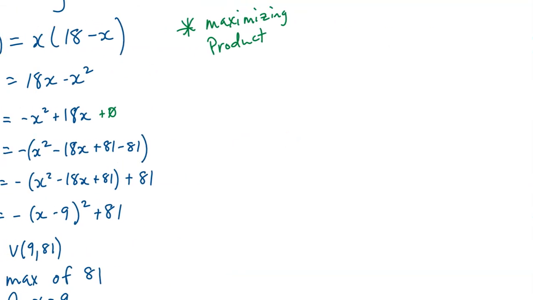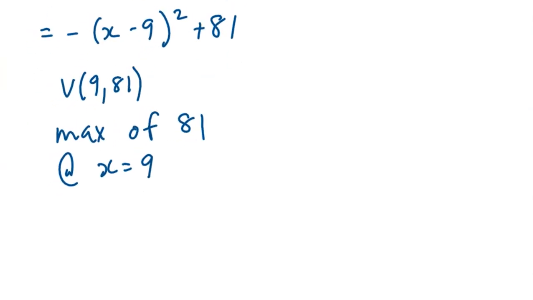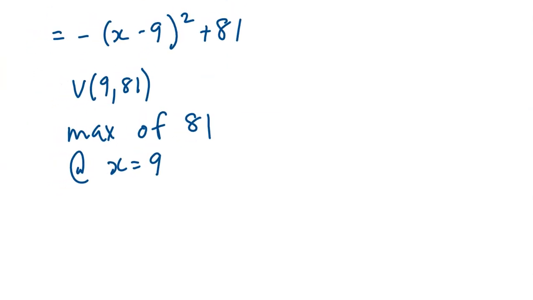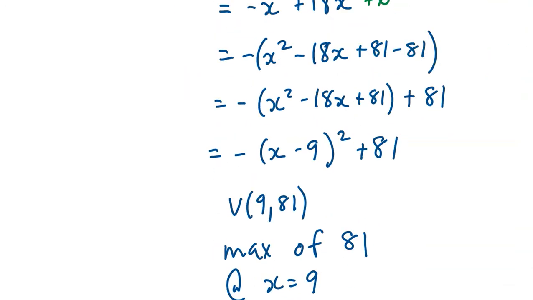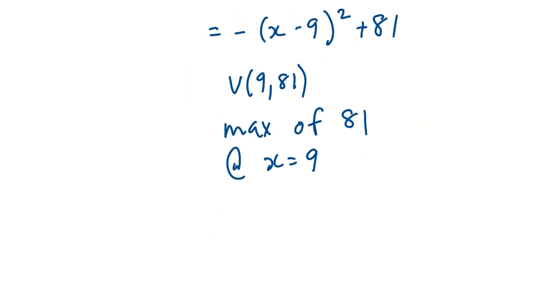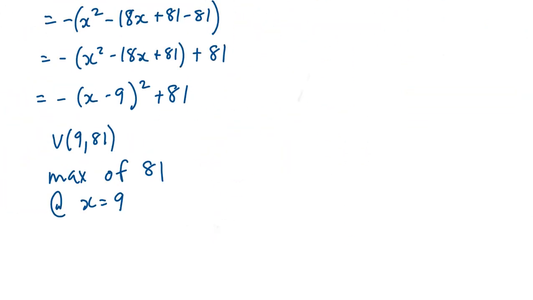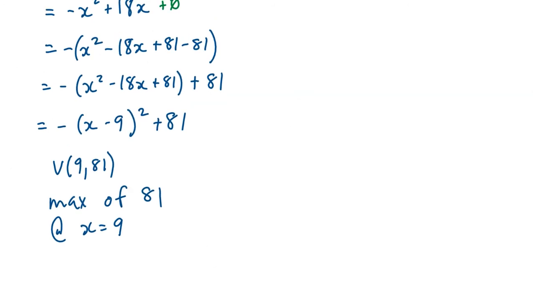Okay, so I can think about what the 81 is and what the x is. 81 is the product, because it's always this thing, whatever that represented, and then x is when it happens, which in this case is when one of the numbers is 9. Okay, so I'm going to say one number, x equals 9.